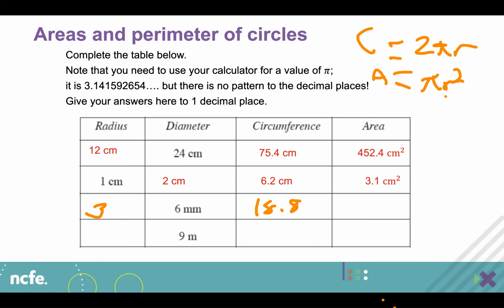And the area would be pi r squared, so r squared is 3 squared, which is 9. So it would be 9 pi, and 9 pi is equal to 9 times 3.14, which equals 28.3.